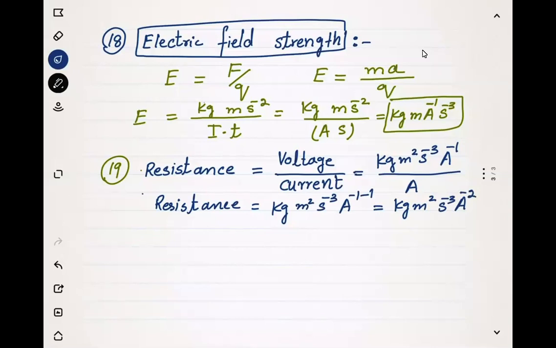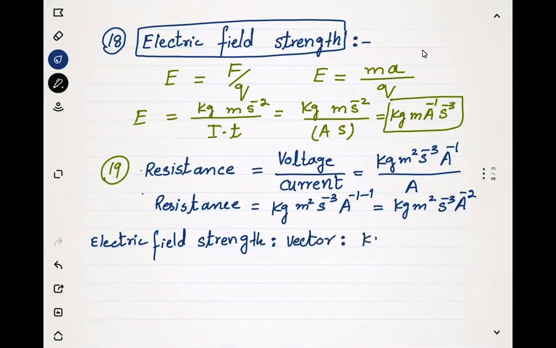Now electric field strength and resistance. First of all, electric field strength is a vector. First we should write the unit.